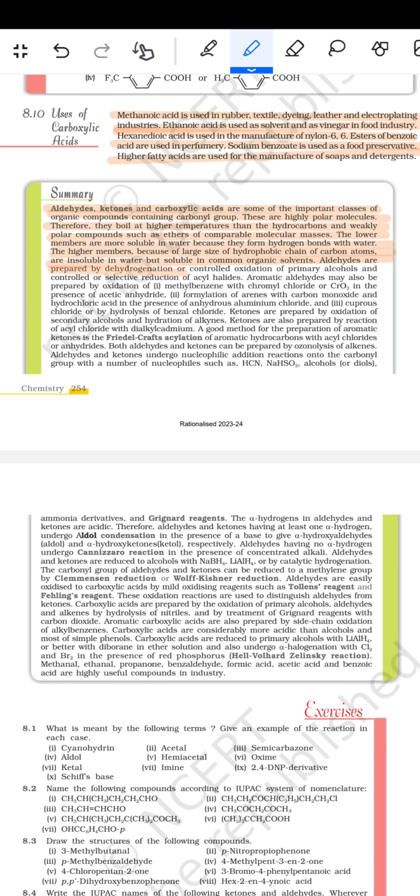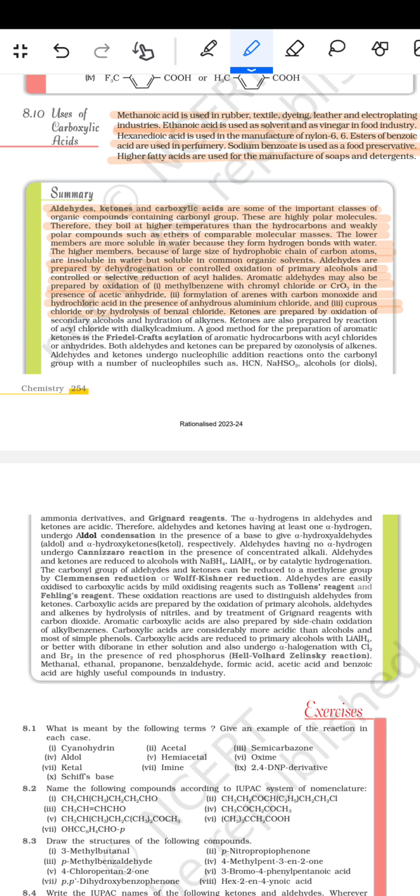Aldehydes are prepared by the dehydrogenation or controlled oxidation of primary alcohols and controlled or selective reduction of acyl halides. Aromatic aldehydes may also be prepared by the oxidation of methylbenzene with chromyl chloride or CrO3 in the presence of acetic anhydride, formylation of arenes with carbon monoxide and hydrochloric acid in the presence of anhydrous aluminum chloride and cuprous chloride, or by the hydrolysis of benzal chloride.